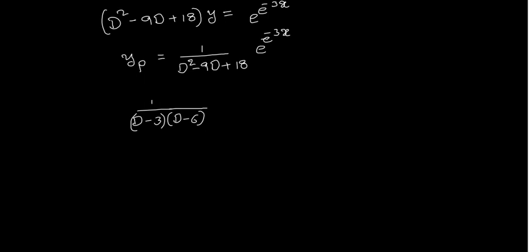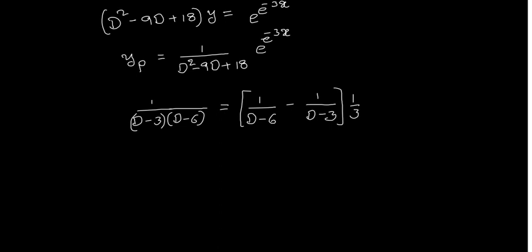Now I'll express this into partial fractions, that is 1 by (D minus 6) minus 1 by (D minus 3). So in the numerator I'll have minus 3 plus 6, so I need to divide this with 1 by 3.